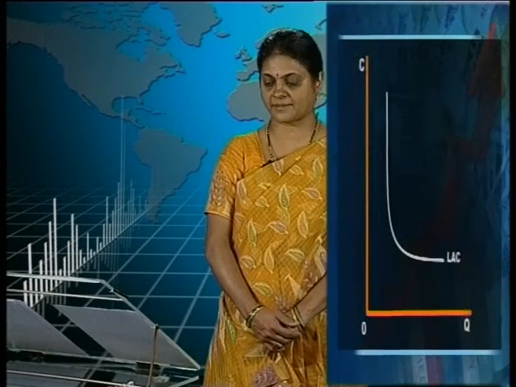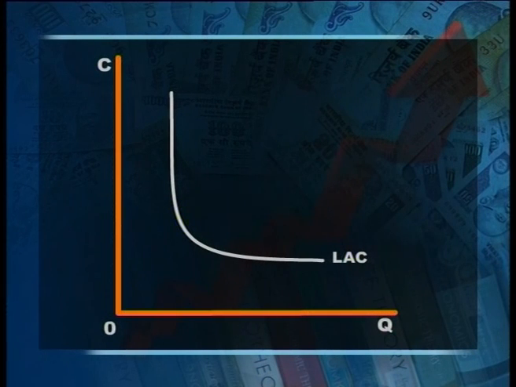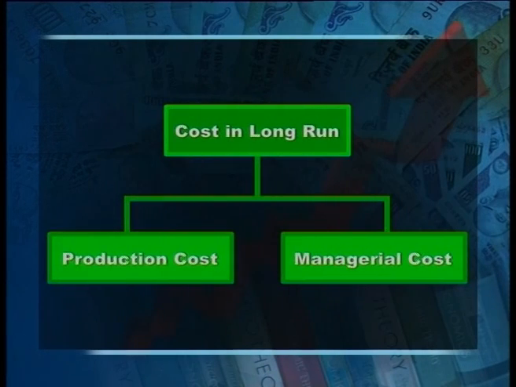If you look at the view of long run costs, according to modern theorists, they view LAC as L-shaped and not an enveloping curve. The reason they claim is that costs in the long run can be divided into production costs and managerial costs.